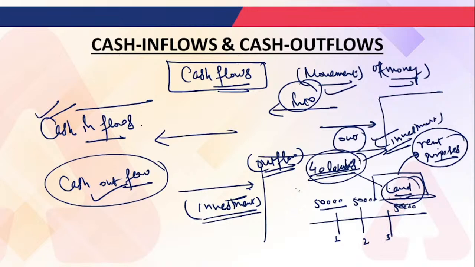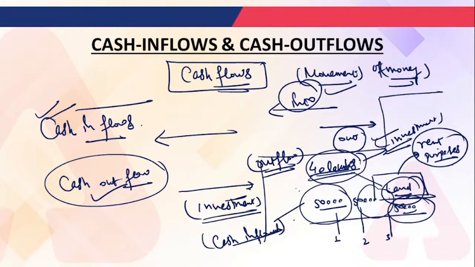That's how the company is going to receive money. So that is known as the company's future cash inflows. All right. So now I think everyone understands what we mean by cash flows. Okay, I hope it is understandable for everyone.